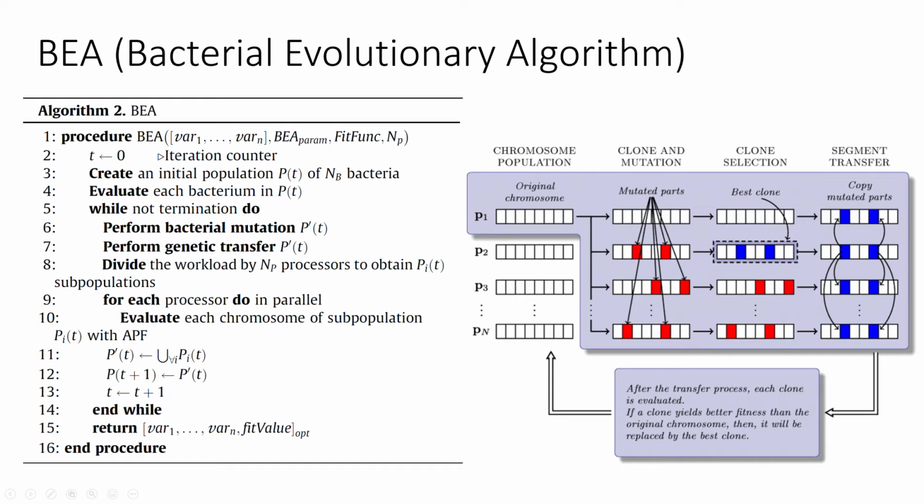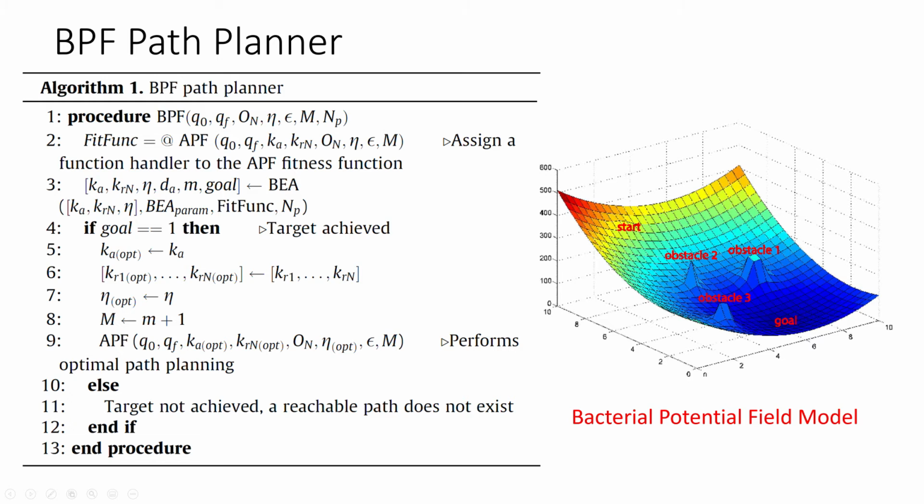After that, we continue to do this, so on and so forth, until we think it is good enough for the mutation to stop, and we then return all the values that have been set during the whole process to the main function. Later on, I will talk about the BPF path planner.